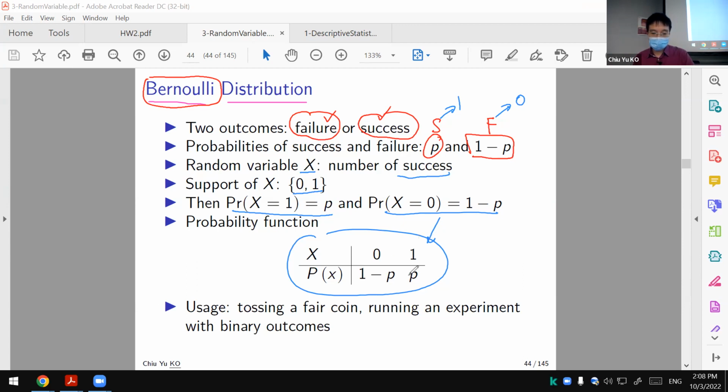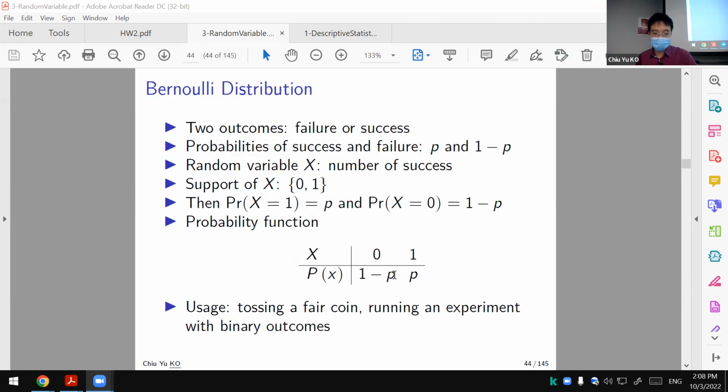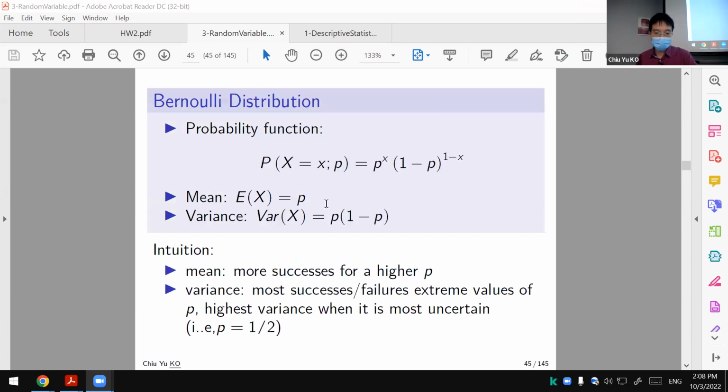Now, the question is, can we write this one, right? Can we come up with a nice function of P? So this is a nicer function, okay? This is just a complicated way to say P of 0 is 1 minus P, P of 1 is P, okay?